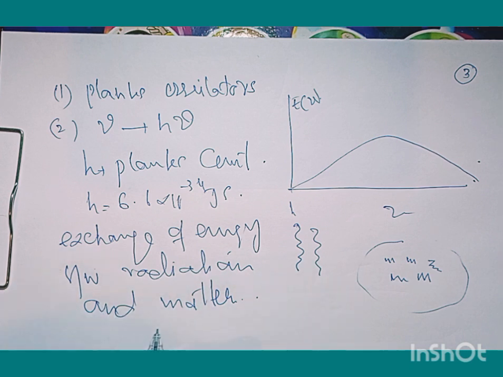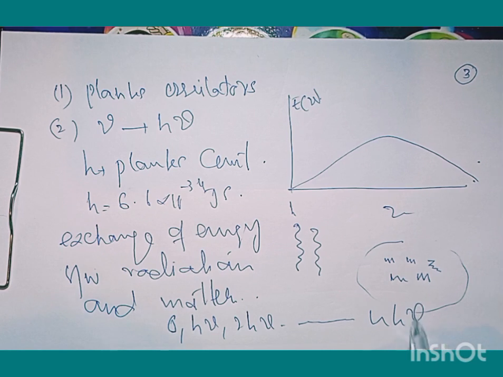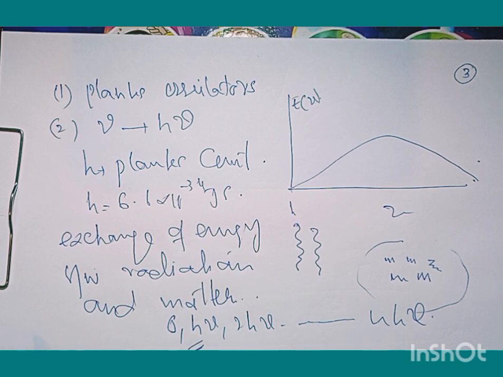And these discrete values can start from 0 to h nu, 2 h nu, and so on and so forth to n h nu, in the multiples of some small unit, which we have here as h nu.